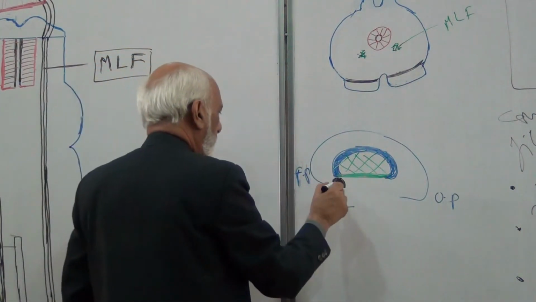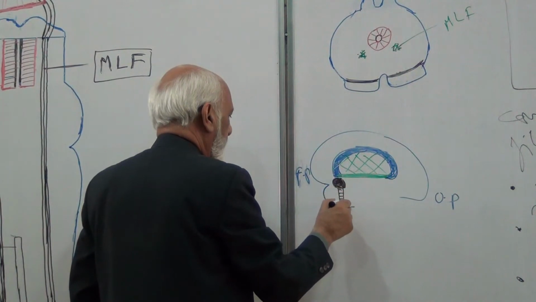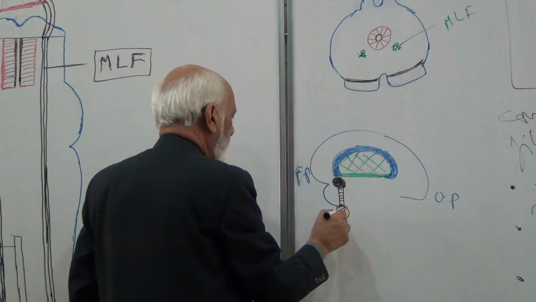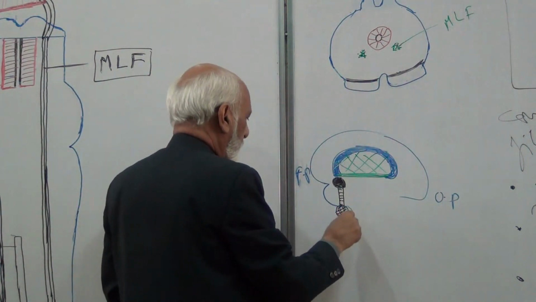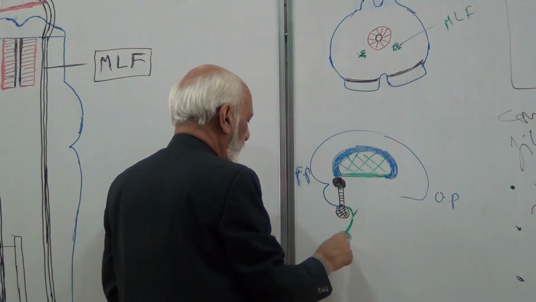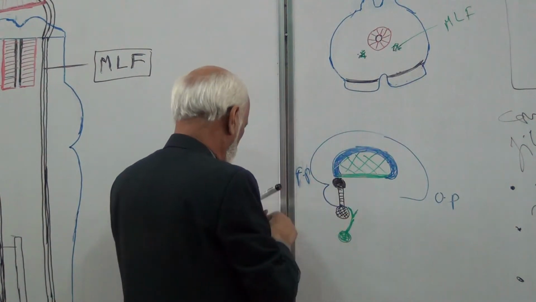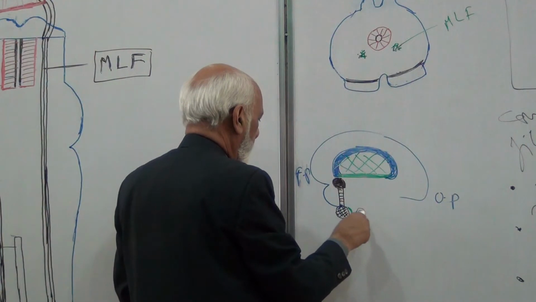So a bundle of commissural fibers is called the anterior commissure. Below that is the lamina terminalis, and on the inferior surface is the optic chiasma. Then you know the tuber cinereum, infundibulum, and pituitary gland. Right and left mammillary bodies.